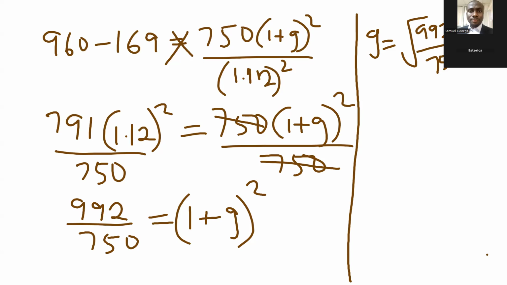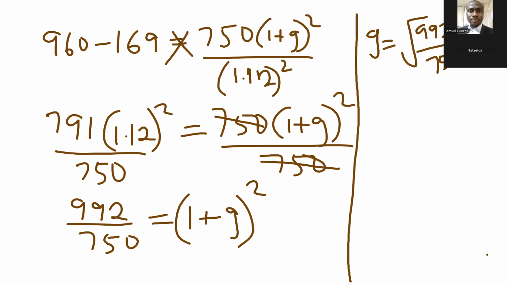That is the one with the G crossing to the other side. So I would say, root of 992 divided by 750, let me put it in brackets.